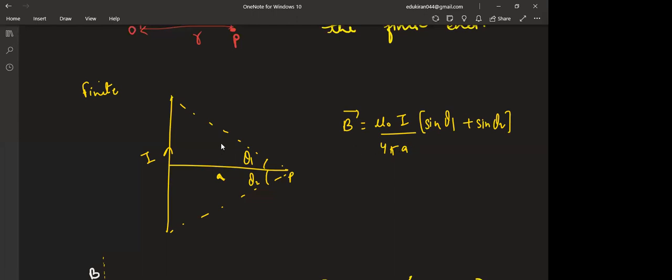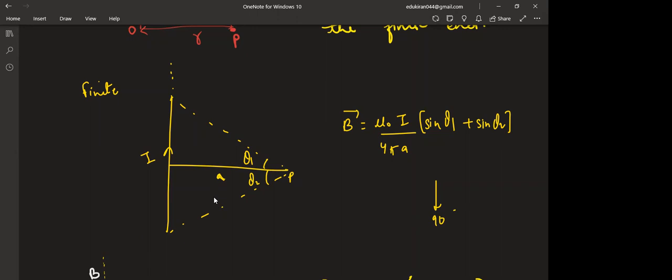Now see, if this is infinite, what happened? This keeps on extending. So the angle that gets subtended at the point of calculation becomes 90 degrees. If it is a completely long wire extending to infinity, this angle will be 90 degrees, and this angle will also be 90 degrees.